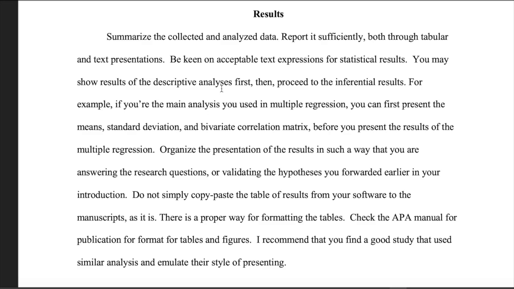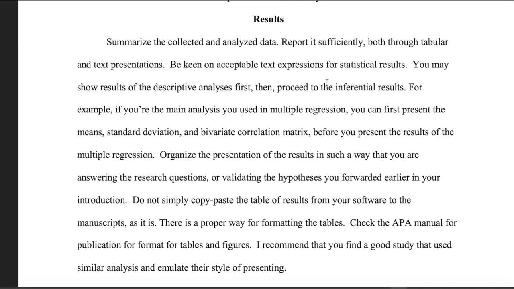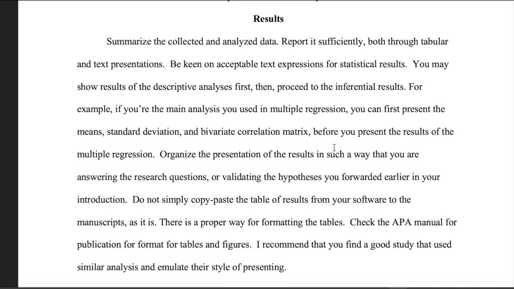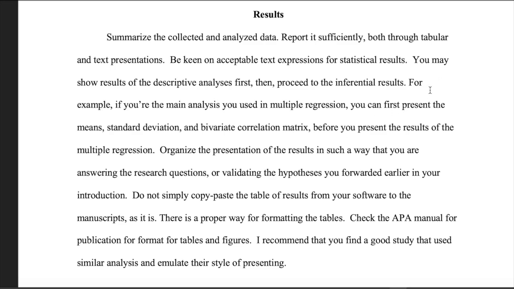And if there is a hypothesis for quantitative studies, the results section serves to verify, well, not verify, but present supporting evidence or contradicting evidence to the tentative answers that you have forwarded in your conceptualization, which is basically your hypothesis.